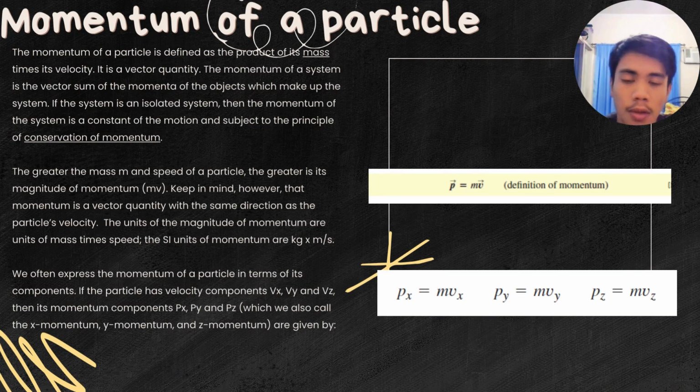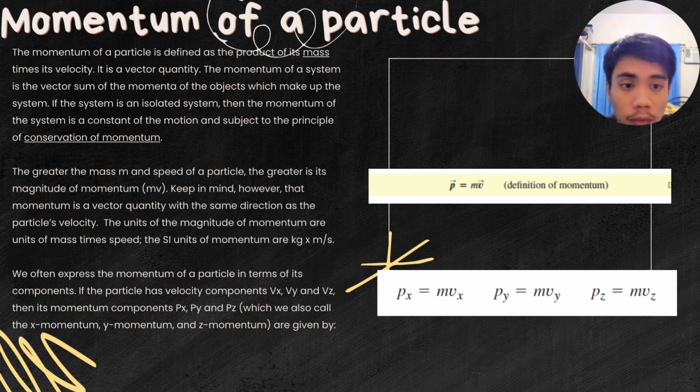So the first subtopic under Module 8 is momentum of a particle. To begin with momentum, let us first give the definition of momentum, and not just momentum, but momentum of a particle specifically. The momentum of a particle is defined as the product of its mass times its velocity.